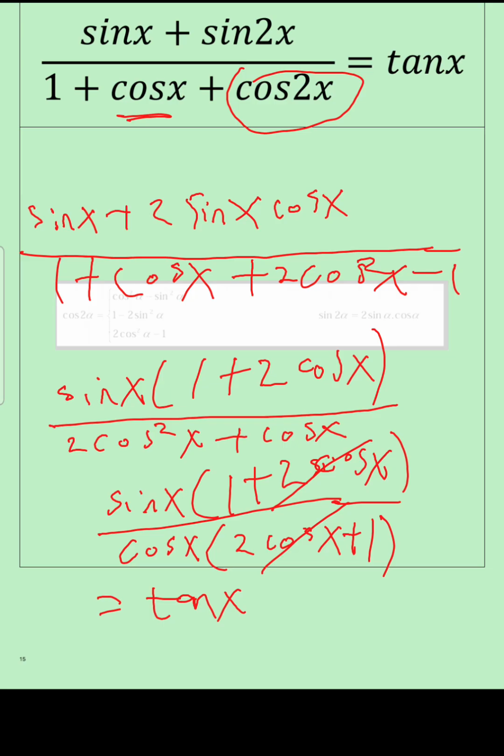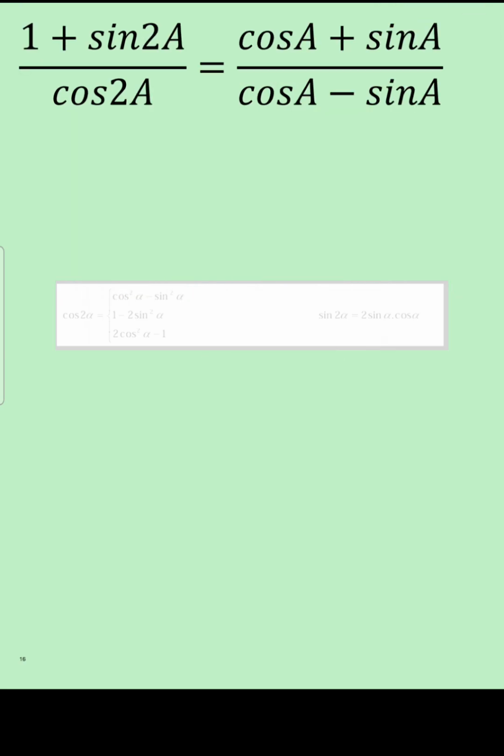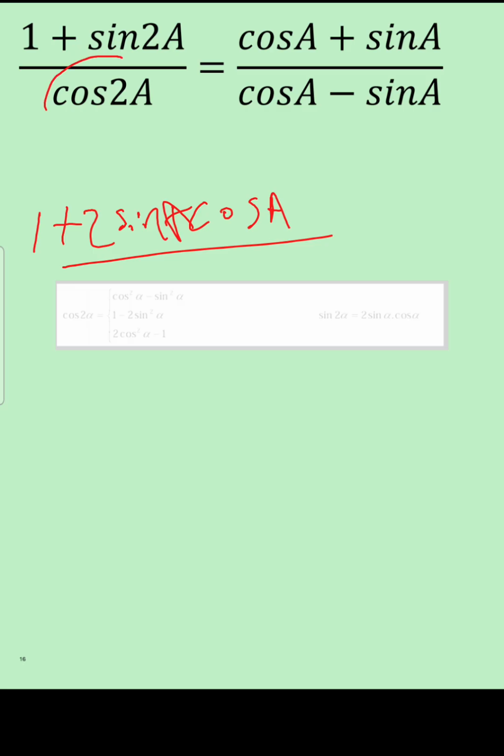Left hand side is equal to the right hand side. Now this is 1 plus 2 sine a cos a over this one. I change it and write it in terms of cos and sine, because I can see the clue there, there's cos and sine.